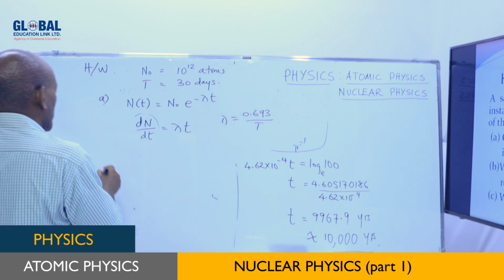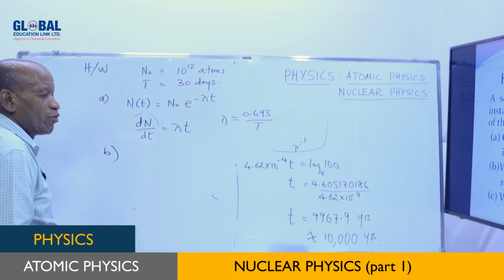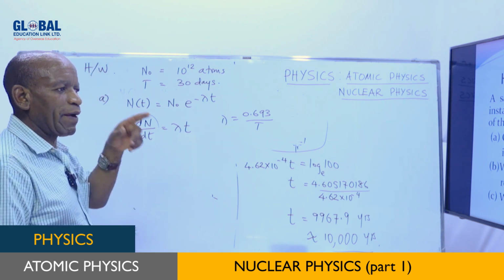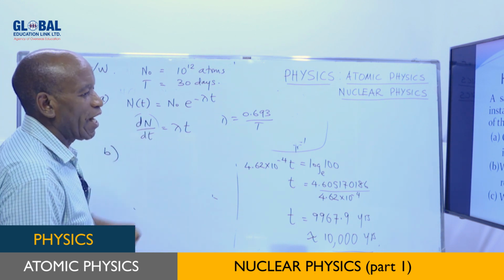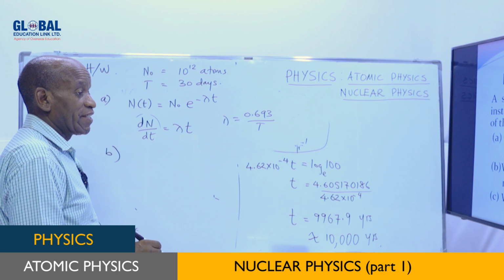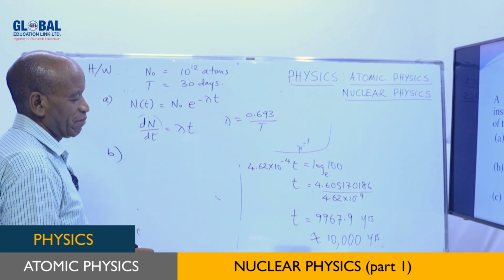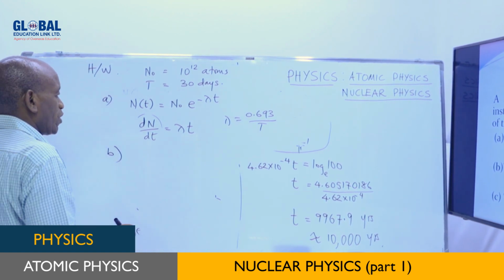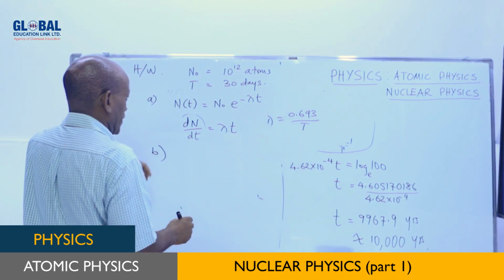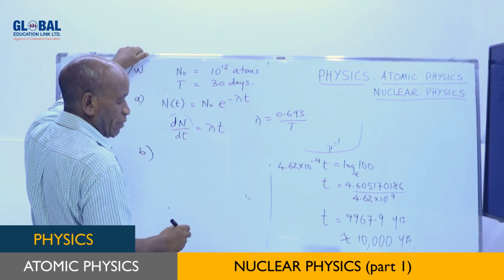That is A. For part B, you need to determine what time will elapse before 10 power 4 atoms, that is 10,000 atoms, remain. There you know that the original number is equal to this much.